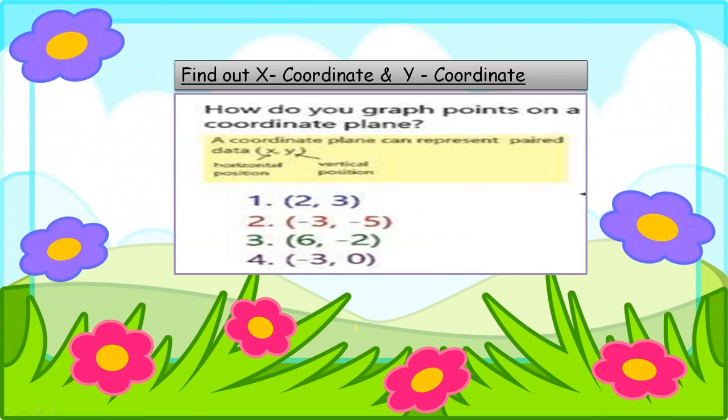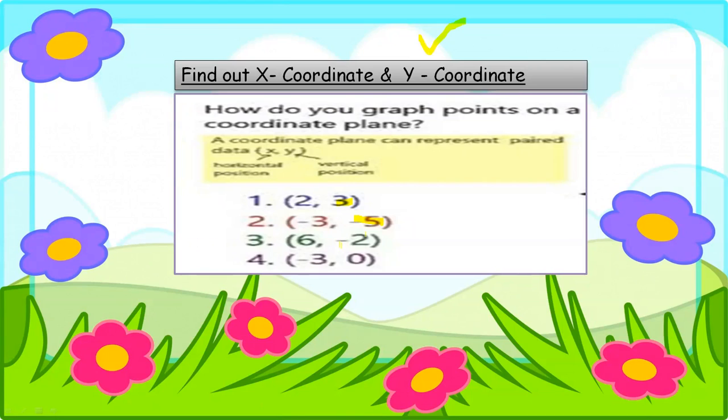Okay, so move on. Find out the x coordinate and y coordinate. Not a big task. We remember it, the first number will always be your x coordinate, while the second number will be your y coordinate.